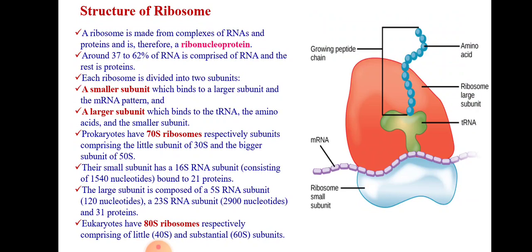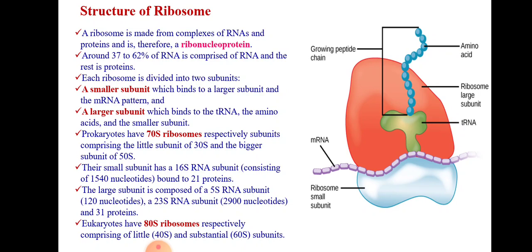Next, the structure of the ribosome. A ribosome is made up of a complex of RNA and protein and is therefore a ribonucleoprotein. Around 37 to 62% of the ribosome comprises RNA and the rest is protein.